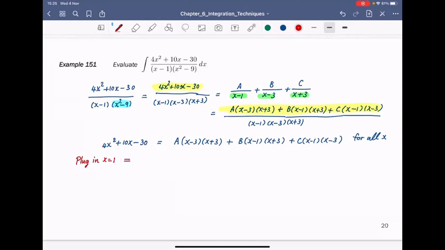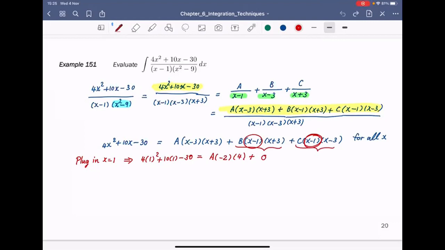If I plug in x equal to 1, then on the left, I'm going to have 4 times 1 squared plus 10 times 1 minus 30. On the right hand side, I have A, I plug in 1 there, so I get negative 2 and 4. And then here, once I plug in 1, 1 minus 1 is 0, so the whole thing here is going to be 0. If I plug in 1 here, the whole thing is going to be 0.